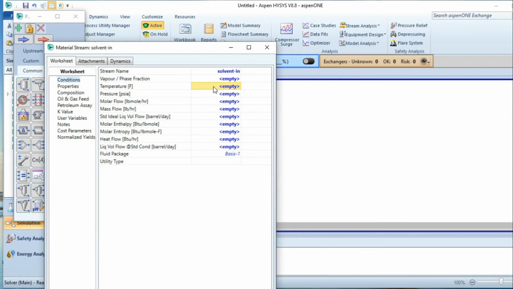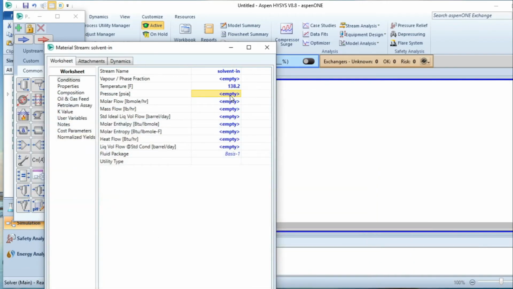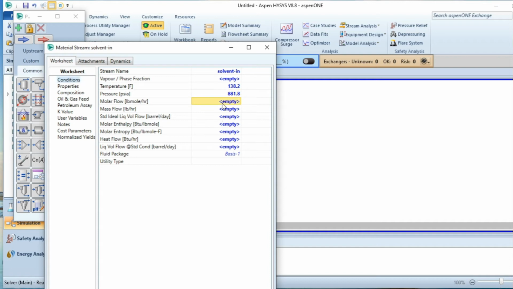So I enter 59 degrees Celsius, a pressure of 60 atm, and then the flow is 100 kg per hour.